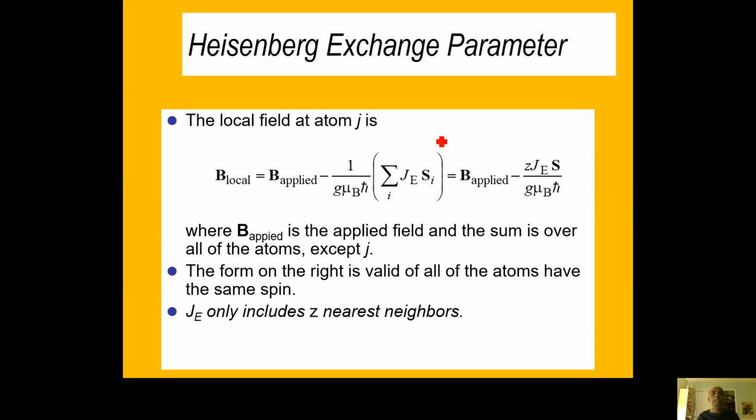So now if this system is in an external, applied magnetic field, then you can calculate the local field as the applied field minus that Weiss field.